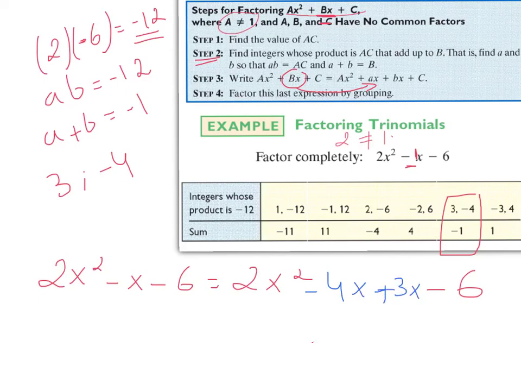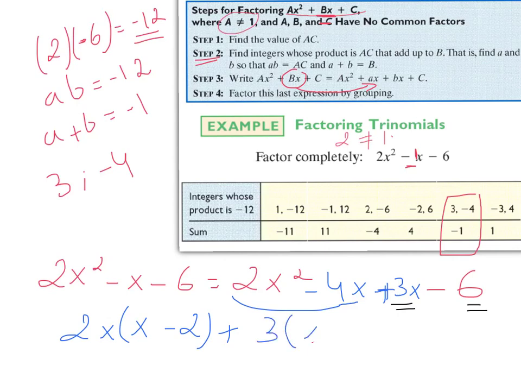Good. Now there is a common factor between 2x squared and minus 4x, which is 2x. It's going to be x minus 2. And in the second part, we can see 3 as a common factor, so it will be 3 times x minus 2. Now we can see x minus 2 as a common factor. This is factoring by grouping that we learned before.